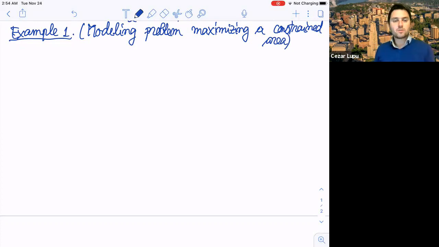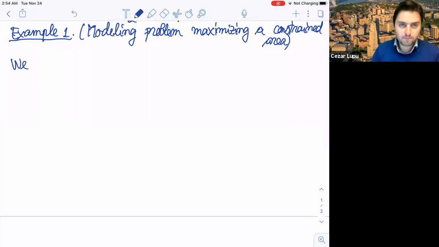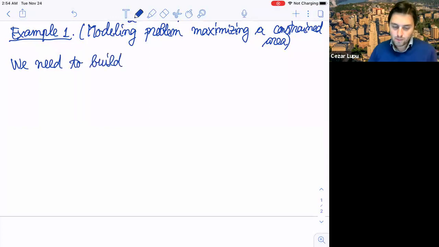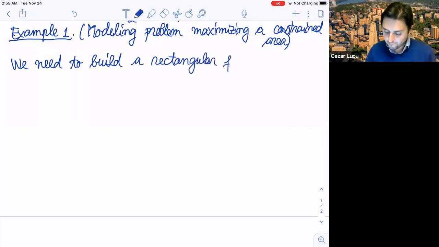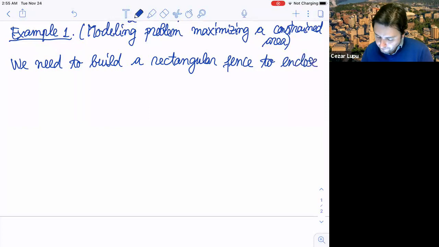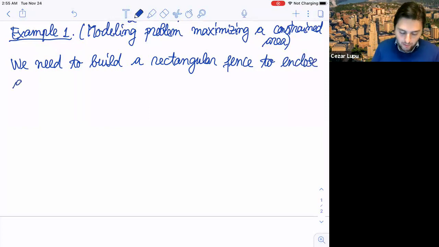All right, so what we need to do is the following. We need to build a rectangular fence to enclose a play zone for children.